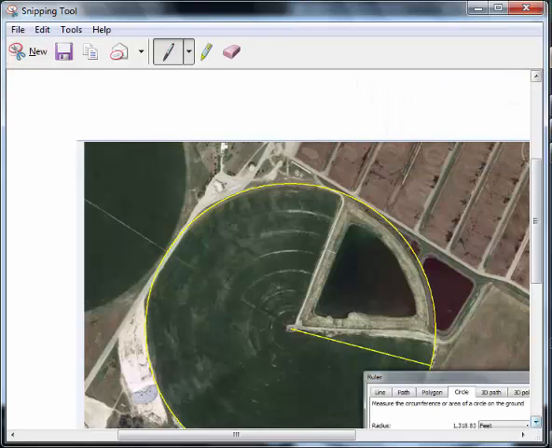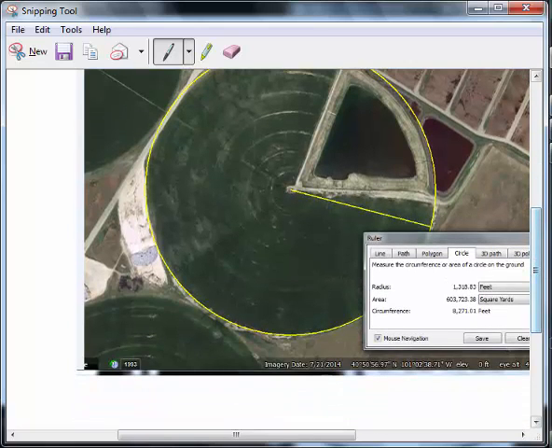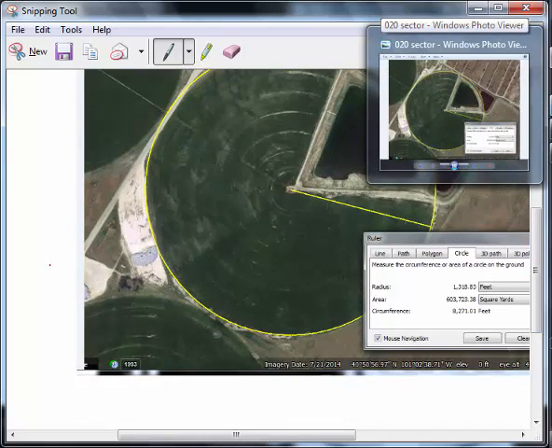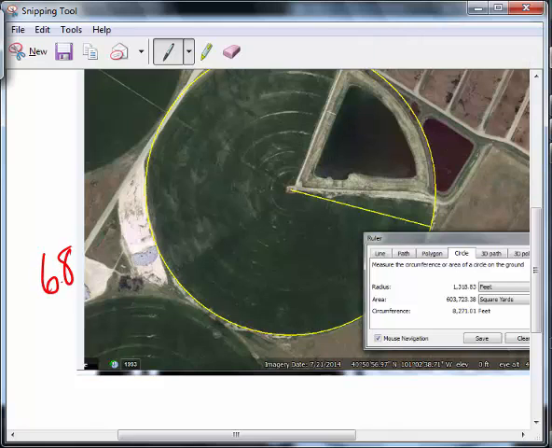So if we were to do the math on that, 68 is the part of the 360 degrees that we're looking for, and the whole area of the circle is 603,723 square yards.